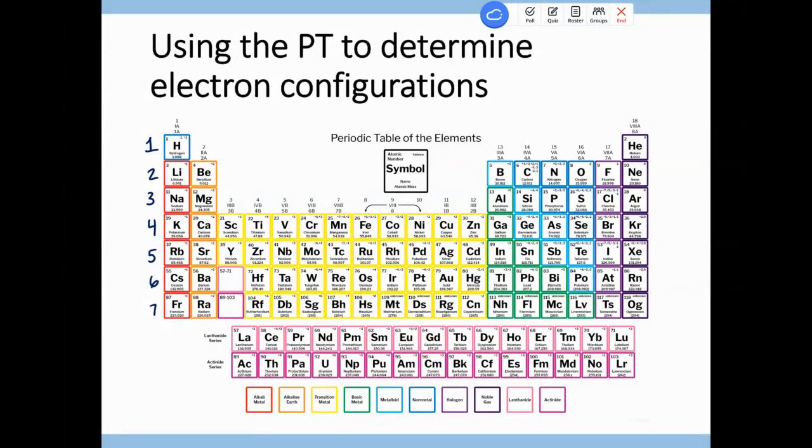We think about hydrogen. Hydrogen has 1 electron in the lowest energy orbital. That's the 1s orbital. The first 2 columns here represent electrons in the s orbital, and helium. So helium has 2 electrons. They're both occupying the 1s orbital.